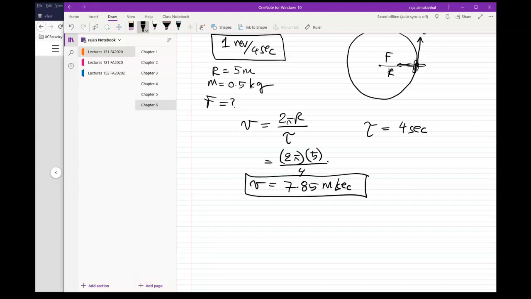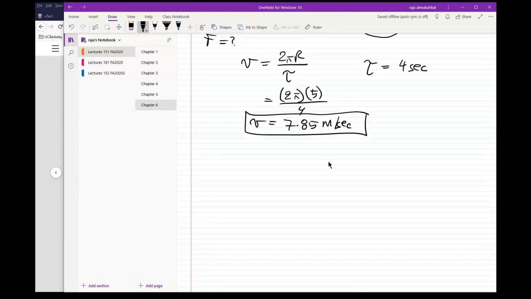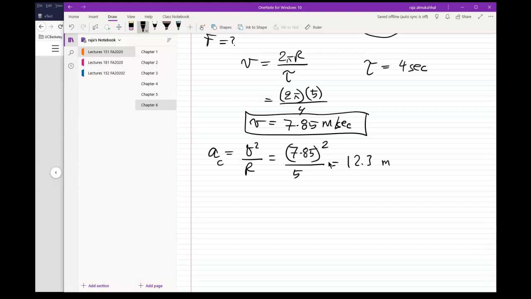And if I want to know the acceleration, so let's say centripetal acceleration, well, that's just v squared over r. So 7.85 squared over the radius, which is 5. So I can calculate that as well. Divided by 5. Answer 12.3 meters per second squared. You see what I'm saying? So a sub c is 12.3 meters per second squared.